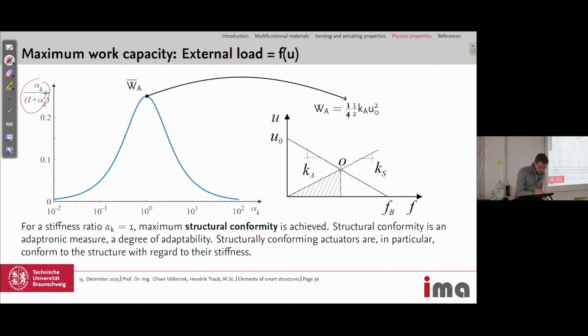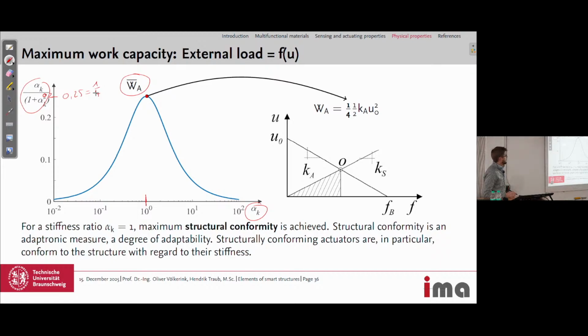The square needs to be outside of the brackets, independent of alpha K. And what you can see is that at 10 to the power of 0, so alpha K equal to 1, this WA overline is at a maximum of about 0.25, or 1/4.